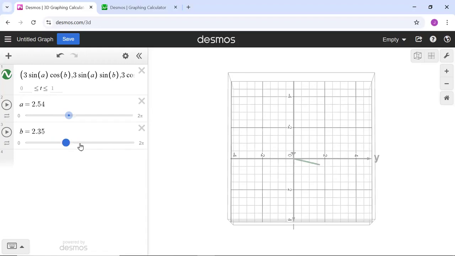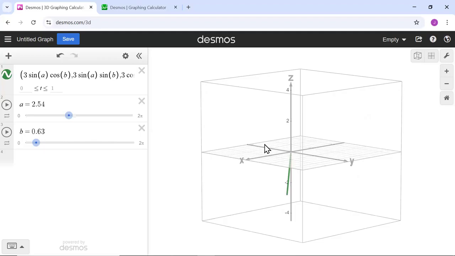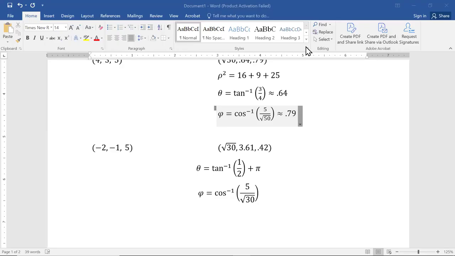So if I take care of the correct quadrant when I use theta, then I can always assume my phi is between 0 and pi. And therefore, I can always use the phi that I get when I just do cosine inverse of z over rho.